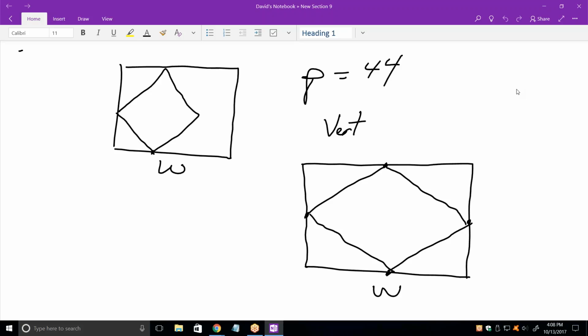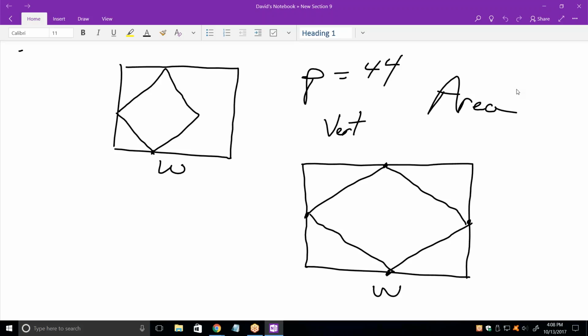Yep. And what's the question? Each vertex of the rhombus is a midpoint of the side of the rectangle. Express the area of the rhombus as a function of the rectangle's width. Okay.